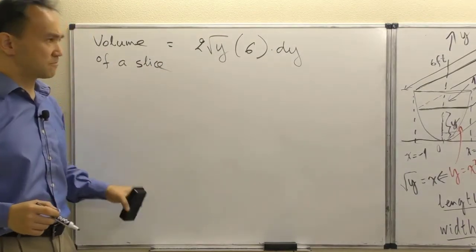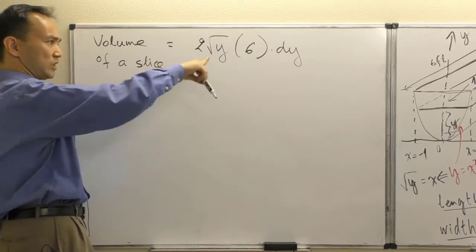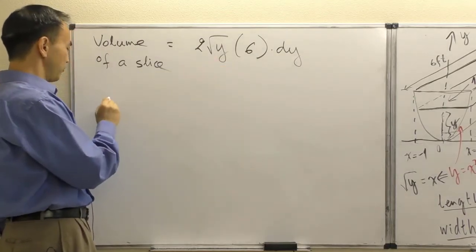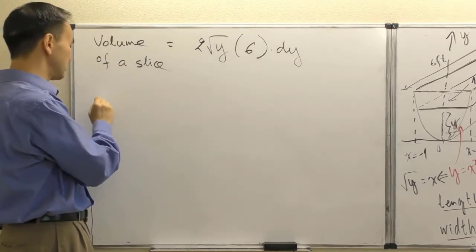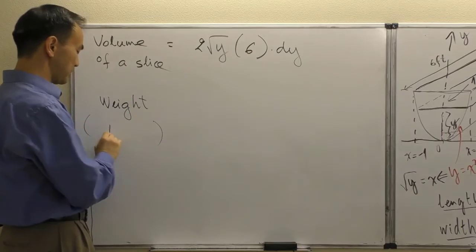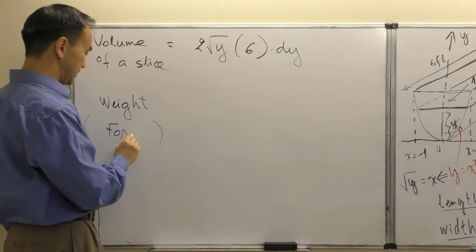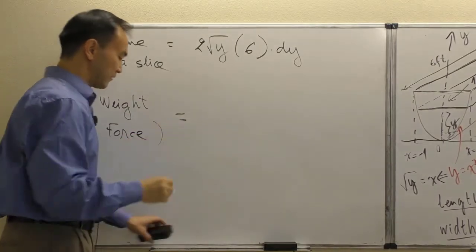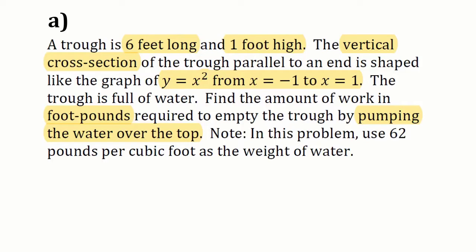Now there's one more little step left. The volume is measured in cubic feet, and now I'm going to talk about weight. This is really the amount of force needed to lift this much water out of the trough. Let's swing back to the wording of the problem.